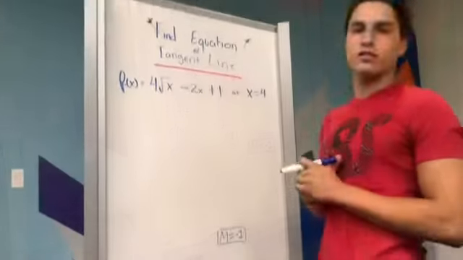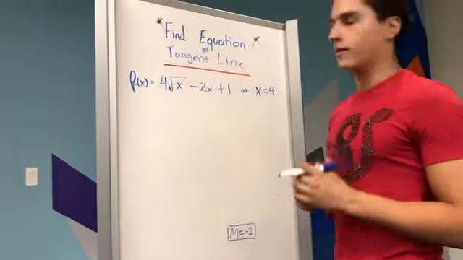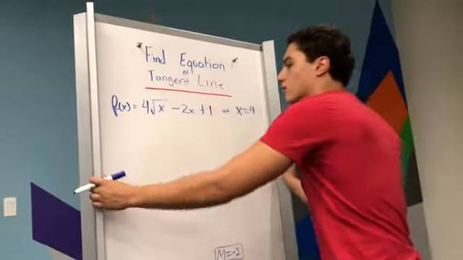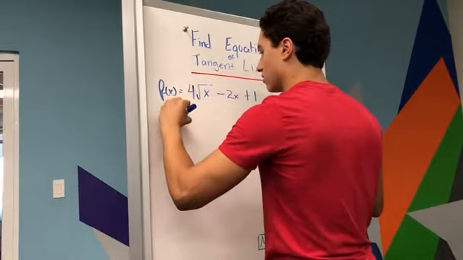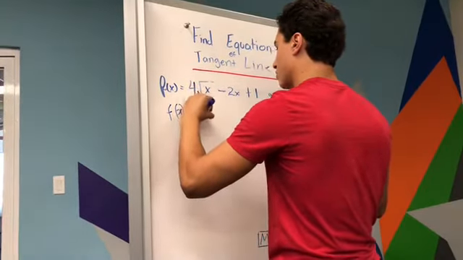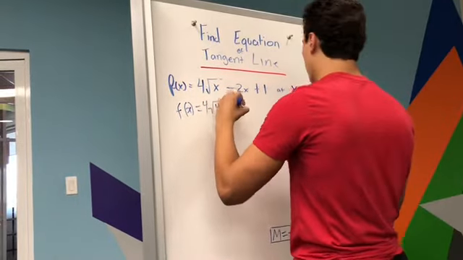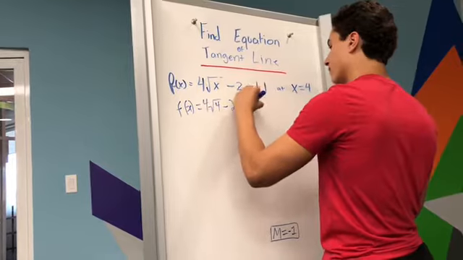Now that we have the slope, we need to get the y. How do we get the y? By plugging the x into the original equation. So it's gonna be 4 square root of 4 minus 2 times 4 plus 1.